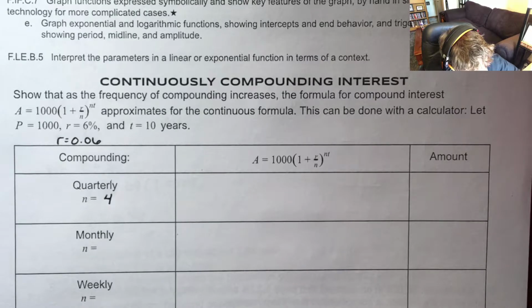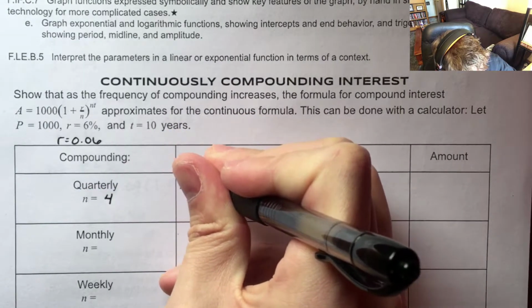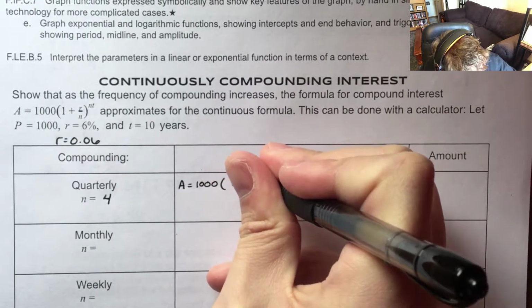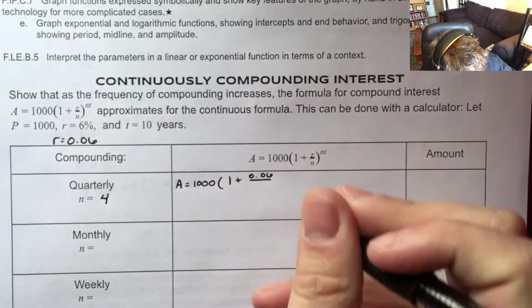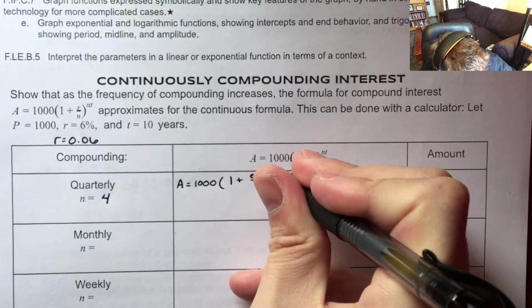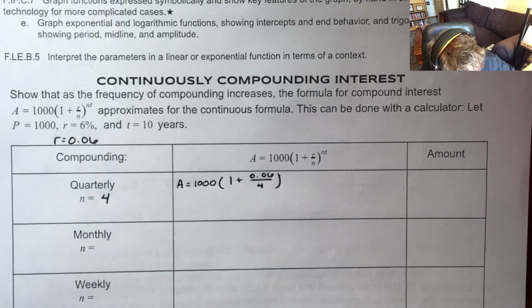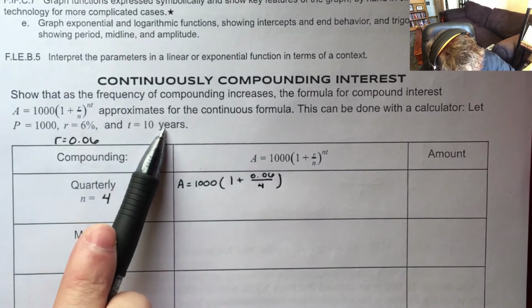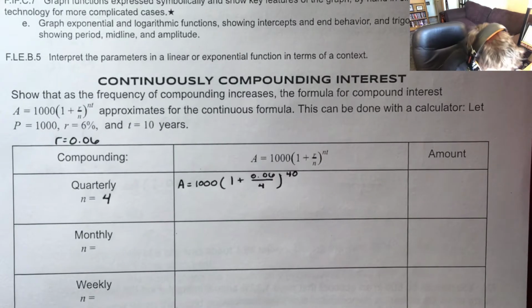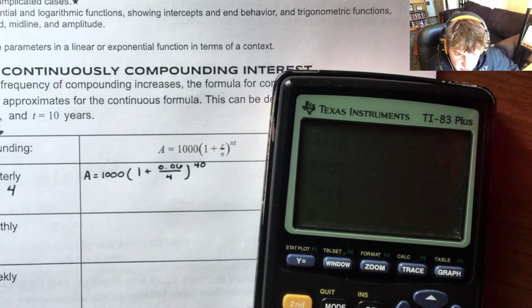So we know that the amount in my account is going to be equal to 1,000 times 1 plus 0.06 divided by n, which is 4, because that's the number of times compounded in a year, and to the n times t power, so n times t is 40. We can just take our calculator out and do this.